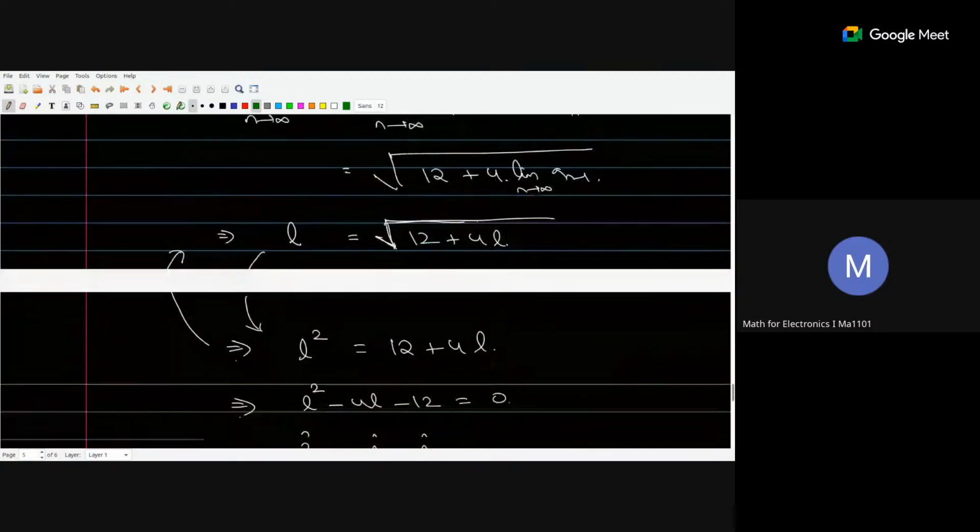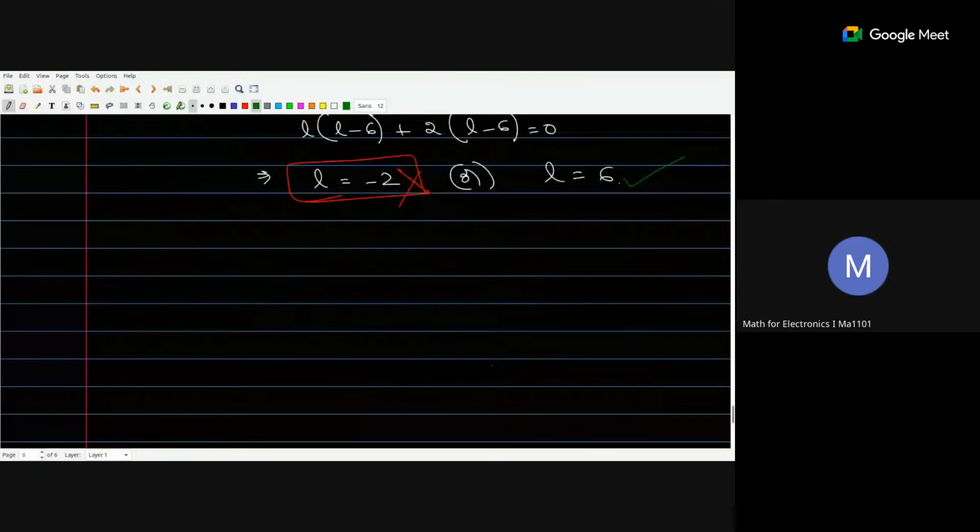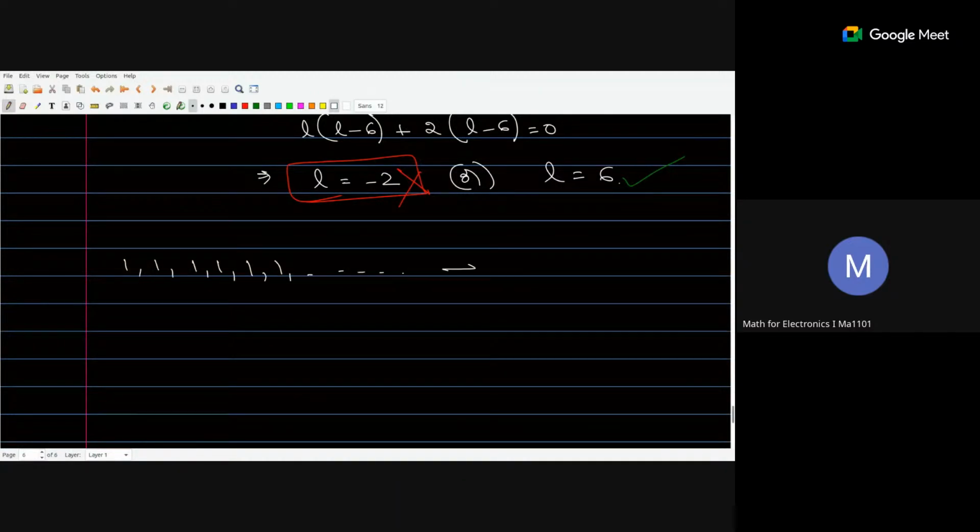Sir, we can say this is a non-decreasing sequence. You can say this is a non-decreasing sequence also. The difference between an increasing sequence and a non-decreasing sequence is that, for example, 1, 1, 1, 1, 1 is a non-decreasing sequence, but not an increasing sequence.